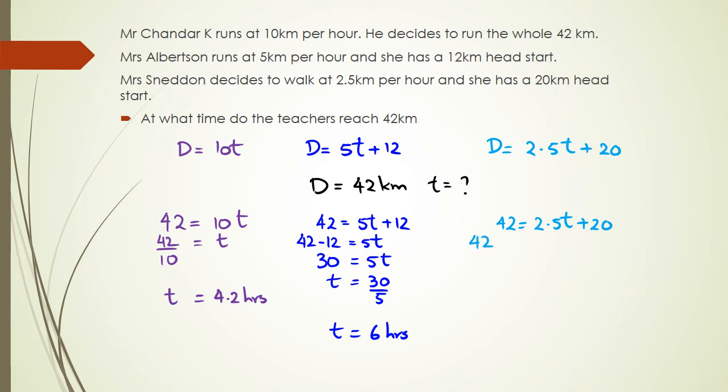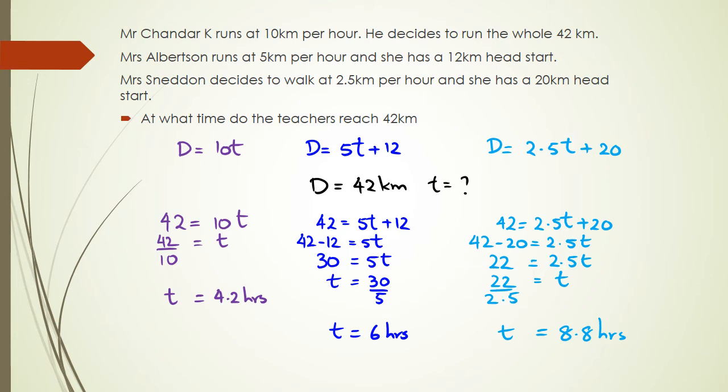Rearranging, we have 42 minus 20 equals 2.5t, which means we have 22 equals 2.5t, and t equals 22 divided by 2.5. So we get 8.8 hours.